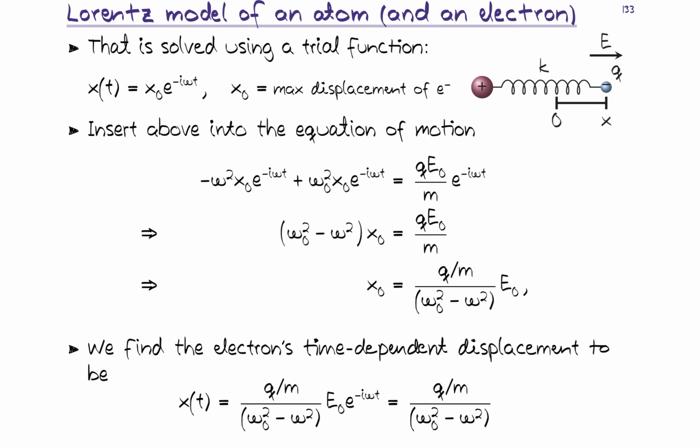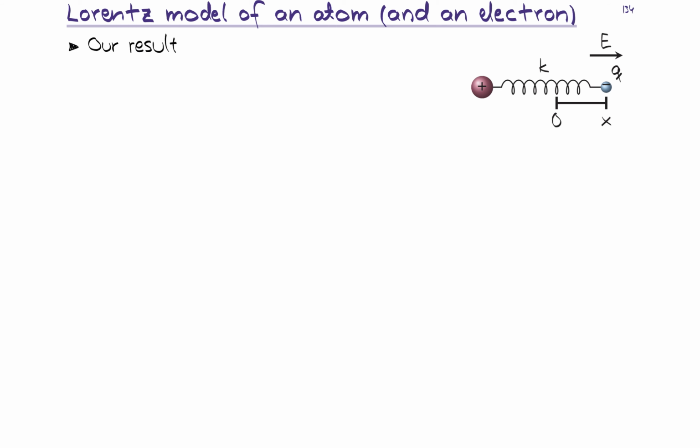We can shuffle things around so that we have a slightly easier way of describing the displacement, simply that we have some kind of amplitude term here depending on the frequency difference. So when we are close to the resonance frequency, this guy in the denominator, of course, skyrockets, makes the amplitude term skyrocket high, and then we have the time dependence of the driving field. So this is our result.